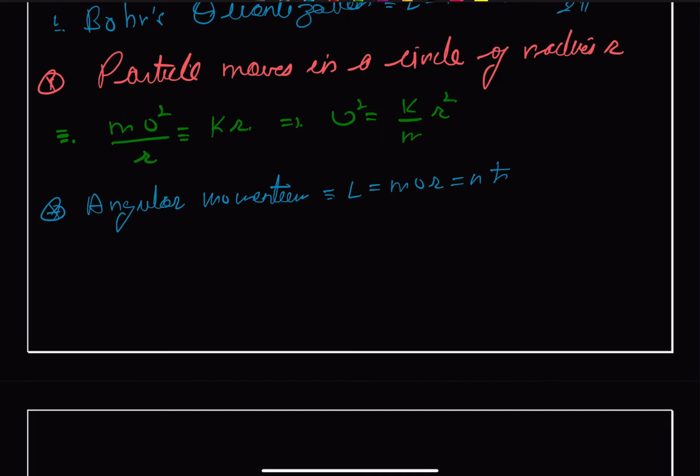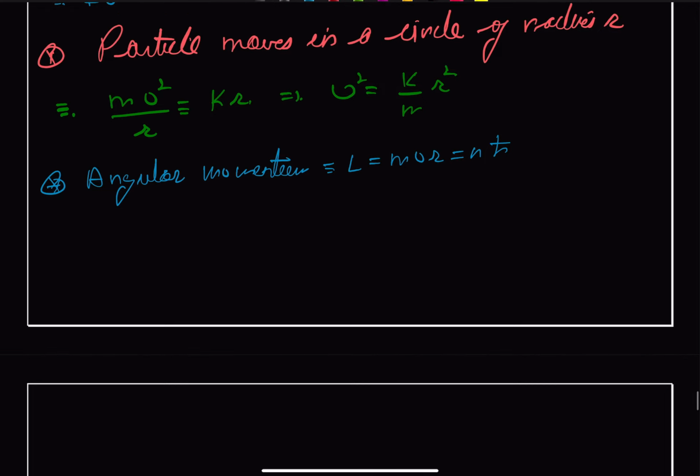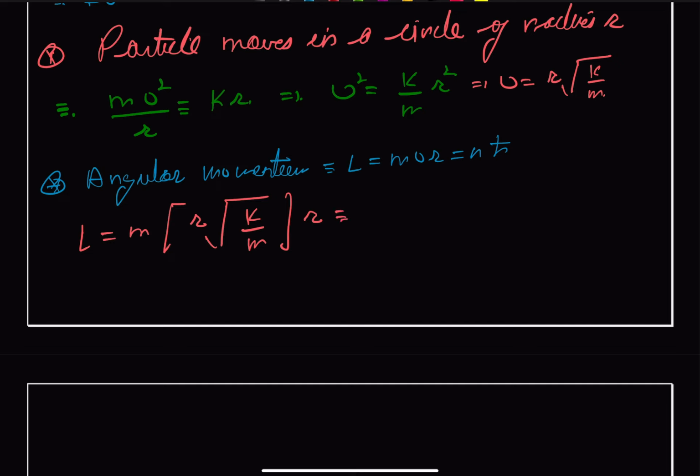We substitute the value of v, which is r times the square root of k upon m. So L will be equal to m times r times the square root of k upon m times r, and this will be equal to r² times the square root of km.